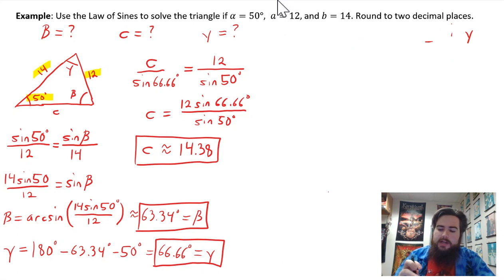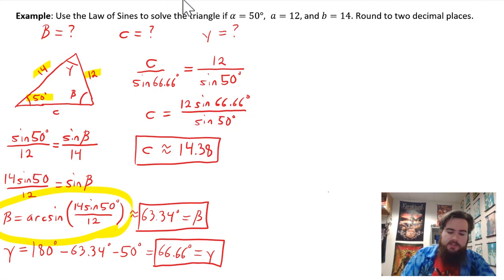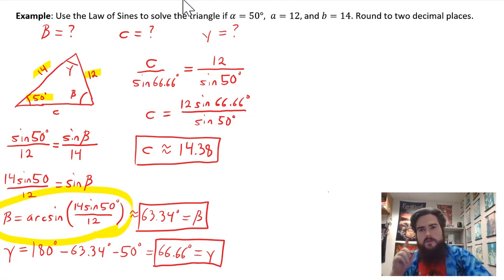The ambiguity of SSA triangles comes from the fact that the first thing that you need to solve for forces you, if we look down here, the first thing that we solved for forced us to use an inverse trig function, specifically arcsine.